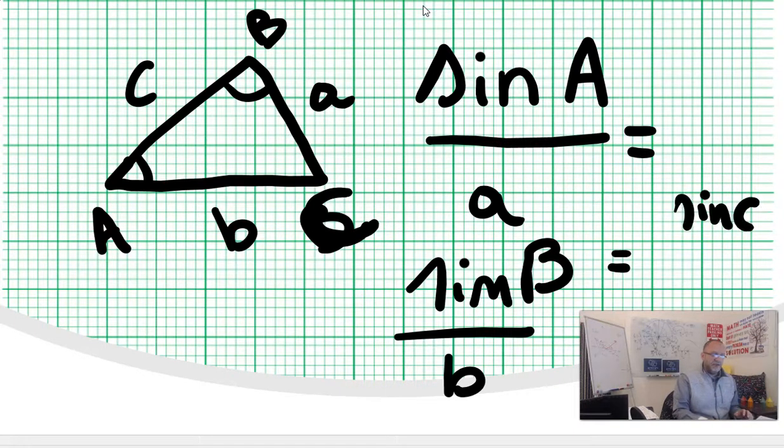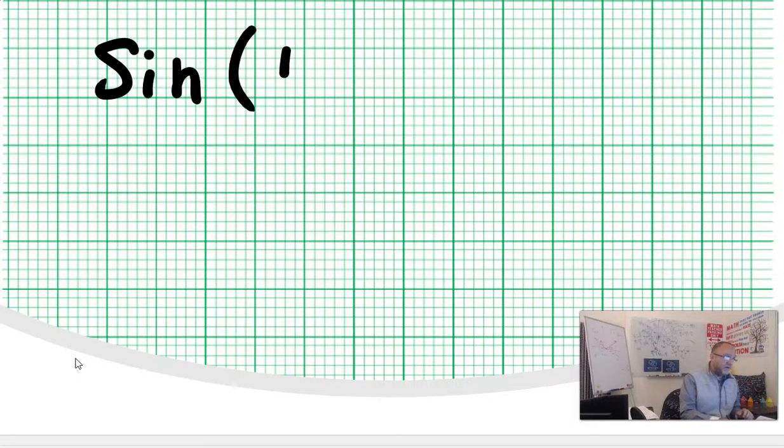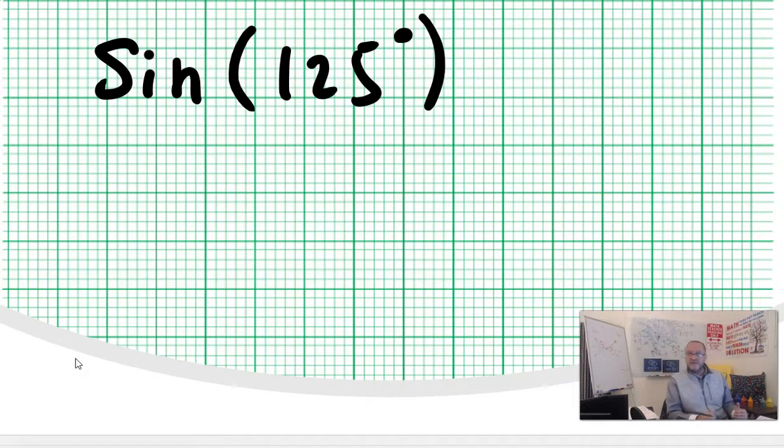So basically, if you know two sides, and here the main question was sine of 125 degrees, right? If you know two sides, and you know one angle to be an angle within one of the special triangles, meaning 30, 60, 45 degrees, then you're good.